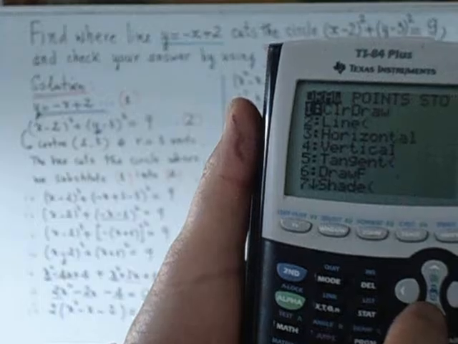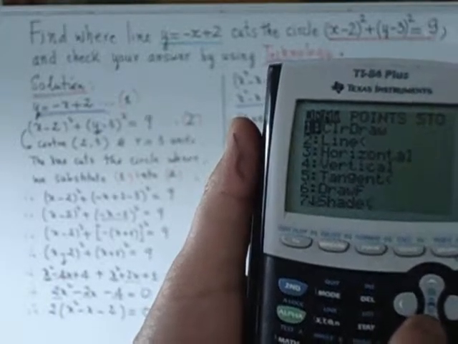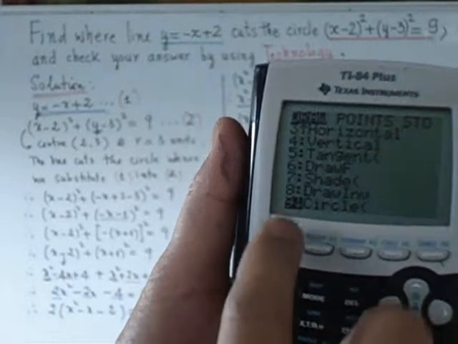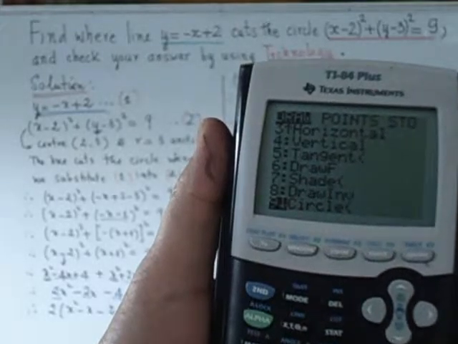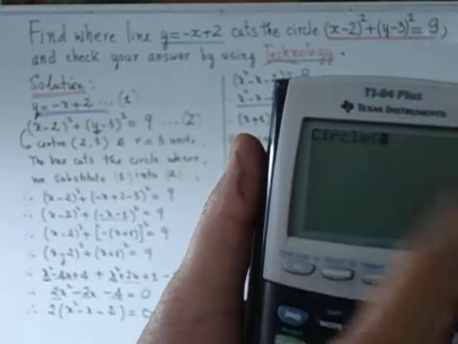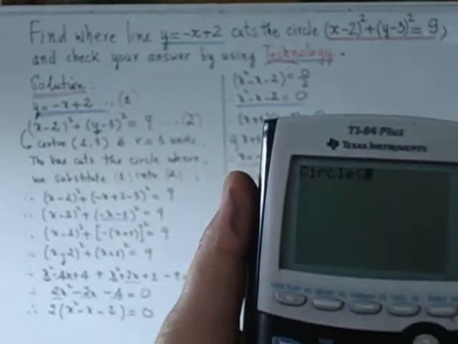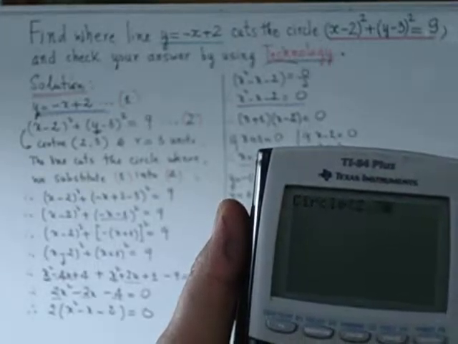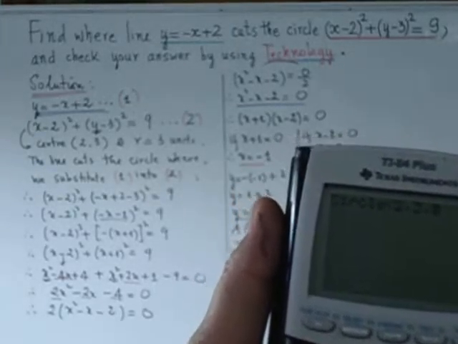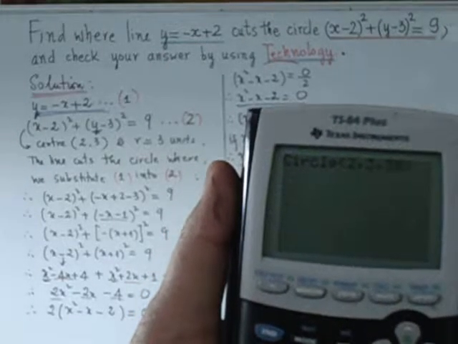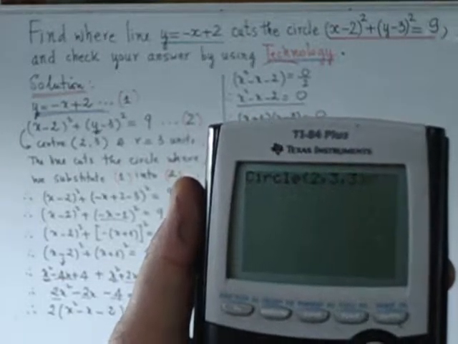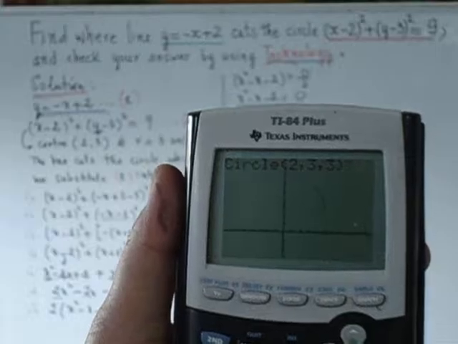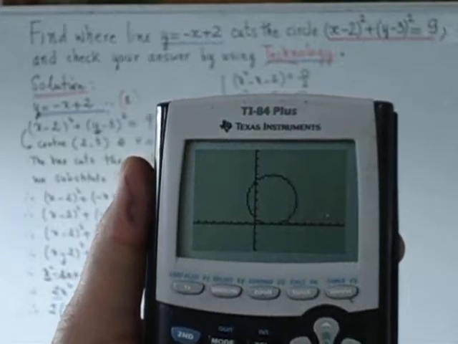We use the cursor to move the highlight down. Number 9, circle, press 9. Now the center is 2, 3, radius is 3. Now we press enter. It is the circle.